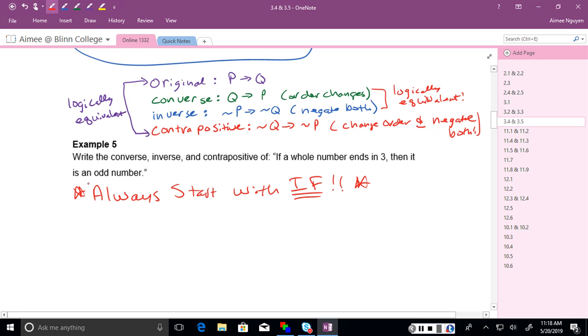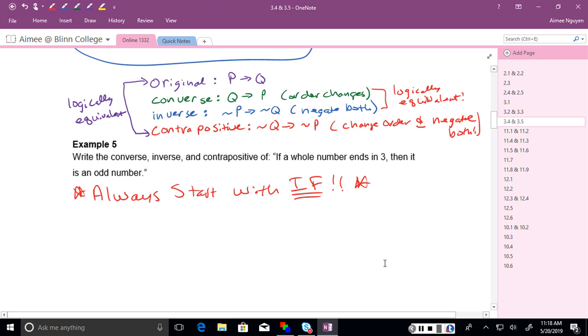When you write the converse and the contrapositive and you change the order, people want the if to stay with the first part, and that's not how this works, right? When I write the converse, it changes from if P then Q to if Q then P. The if does not get stuck to the statement. The if is based on the position. The first part is my if. What the arrow is pointing to, that's my then, right? So it's always starting with if.